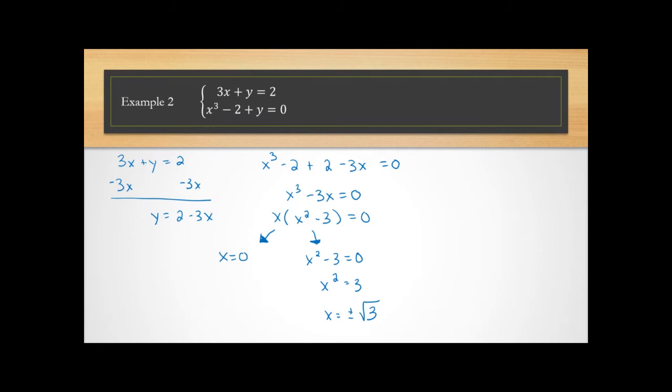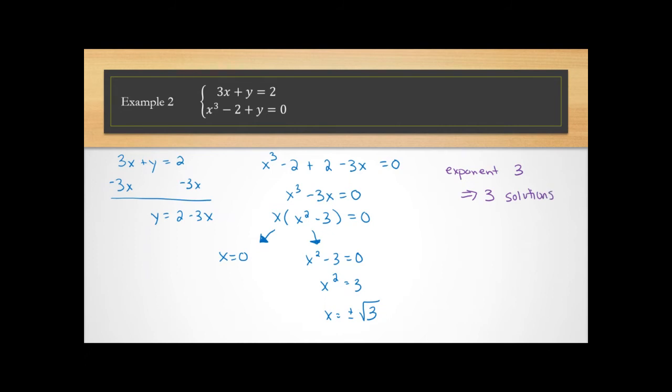So the key here, the important thing to notice is that the x cubed, so an exponent is 3. And this tells us we're going to have 3 solutions.